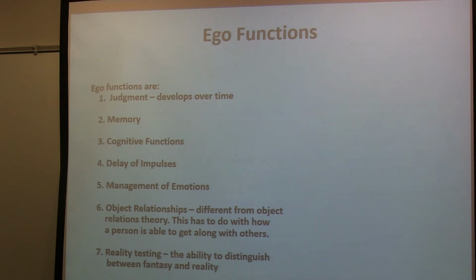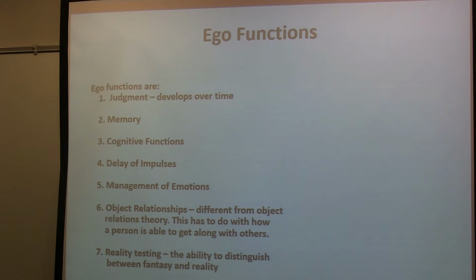Memory is another ego function. Cognitive functions, which also increase and develop. The delay of impulses, the ability to delay our impulses is a really important ego function because someone with poor impulse control has more trouble getting along in the world and on a day-to-day basis.